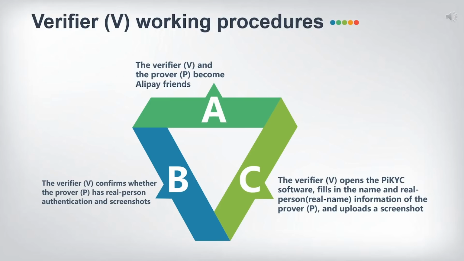Verifier working procedures. After the prover submits personal information, add the verifier as Alipay friend. After both parties become friends, the verifier confirms whether the prover is a real-name Alipay user and takes screenshots to save the evidence. Then, the verifier submits real name information, and the system starts automatic verification.